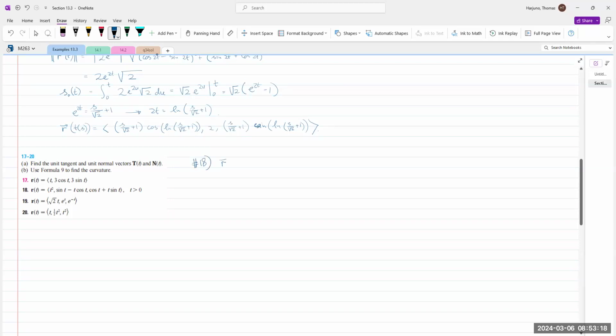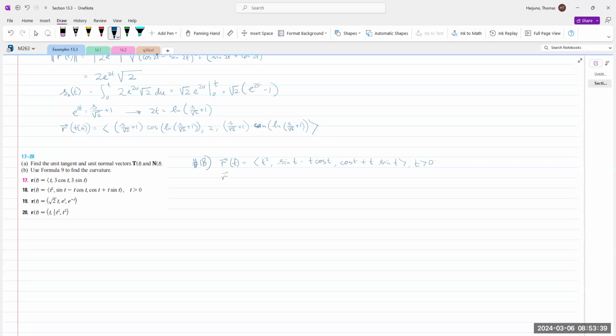Okay, r(t) is t squared, sine t minus t cosine t, cosine t plus t sine t, for positive t.